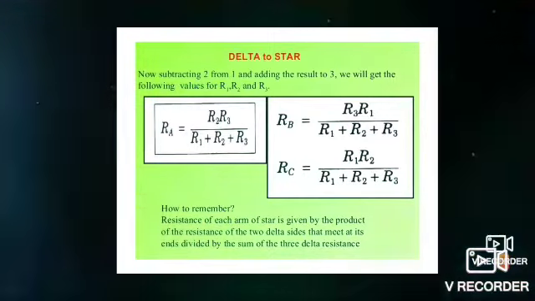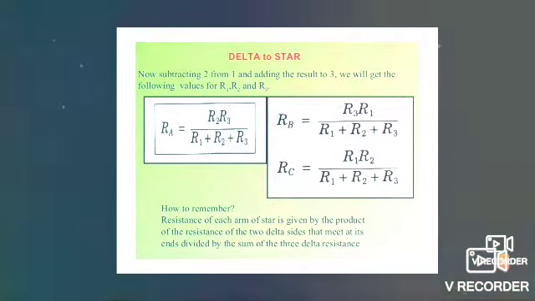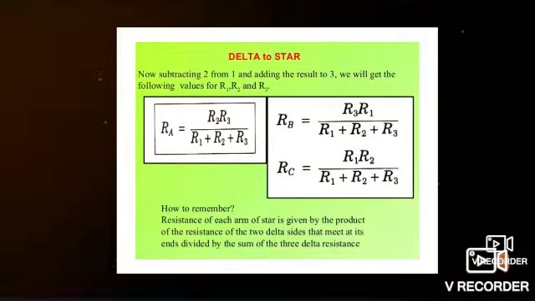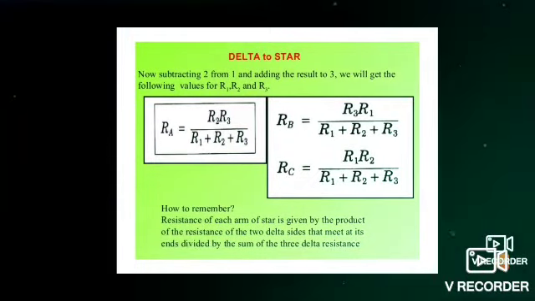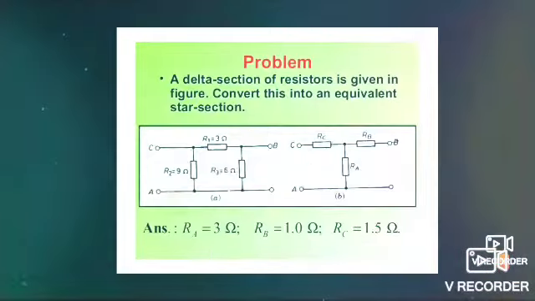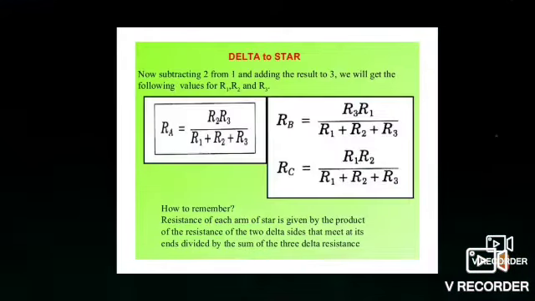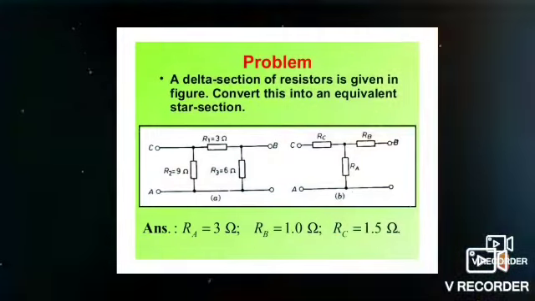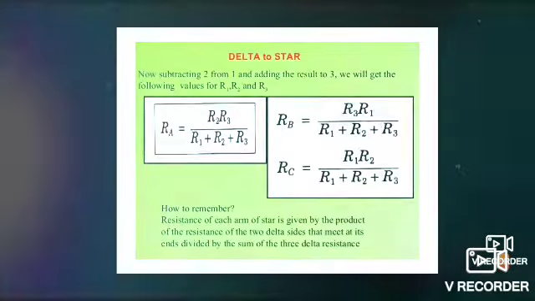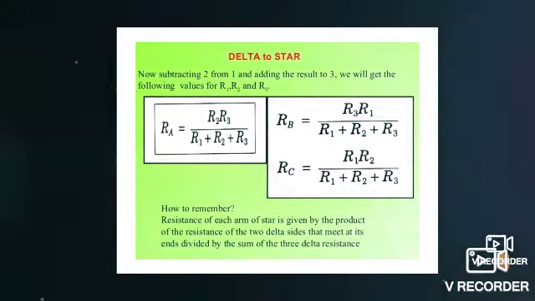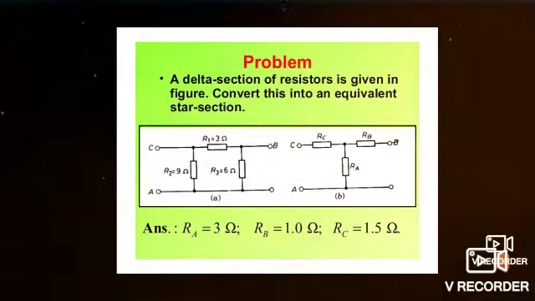The formula used here is RA equals R2 R3 divided by R1 plus R2 plus R3. Similarly for RB and RC. First for RA, the formula is R2 R3, that is 9 into 6 divided by R1 plus R2 plus R3, that is 9 plus 3 plus 6.